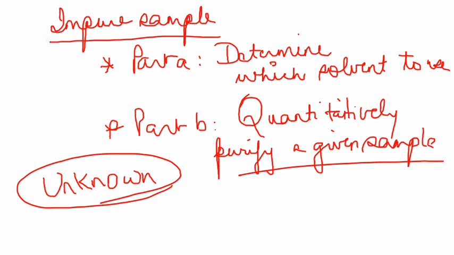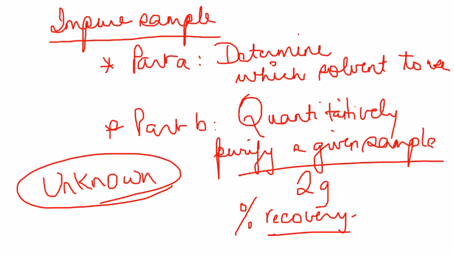In this particular experiment, we are going to go with 2 grams, and you will try to purify it and report how much you were able to recover from it. Okay, so you will be reporting a percentage recovery at the end of the day.